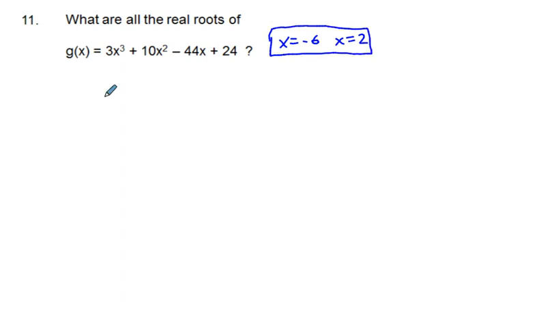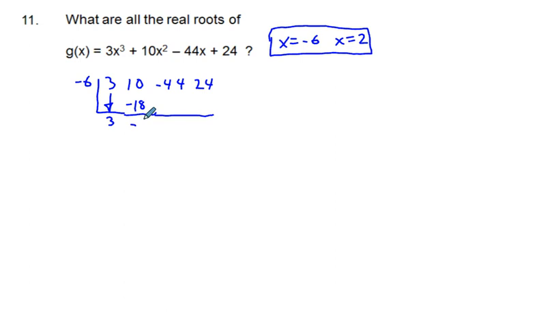Okay, let's go ahead and figure out what our remaining real root is. We put -6 out here, 3, 10, -44, and 24. So bring down the 3. 6 times 3 is 18, so we get -18.